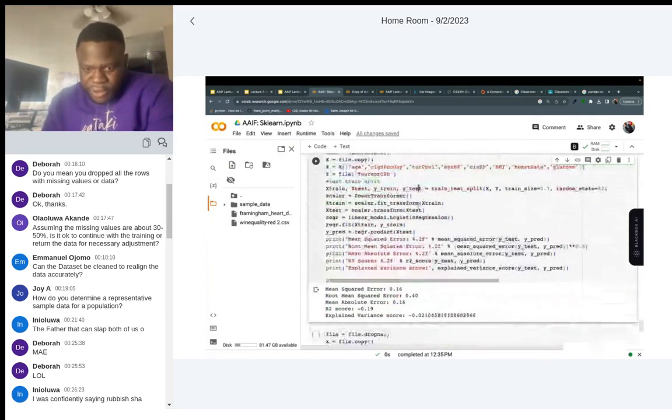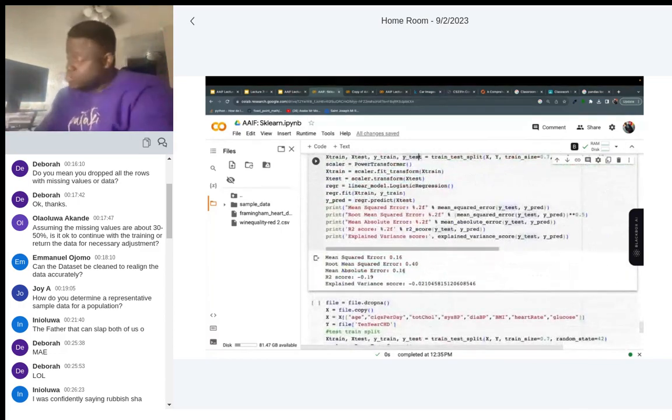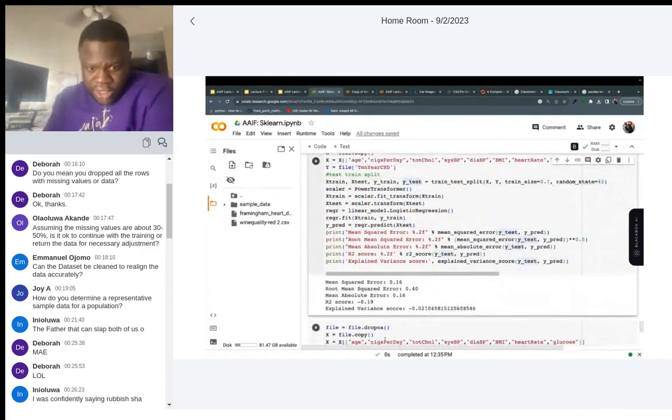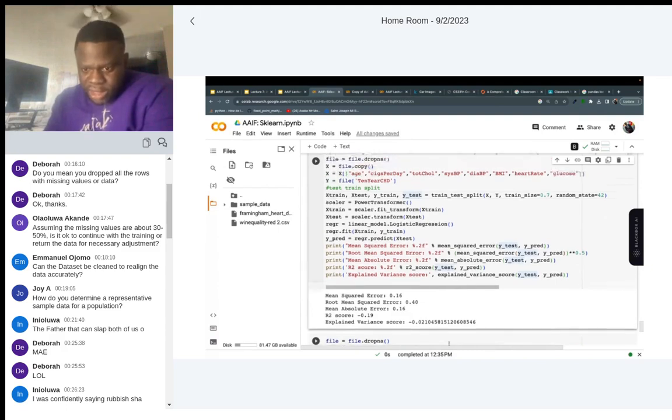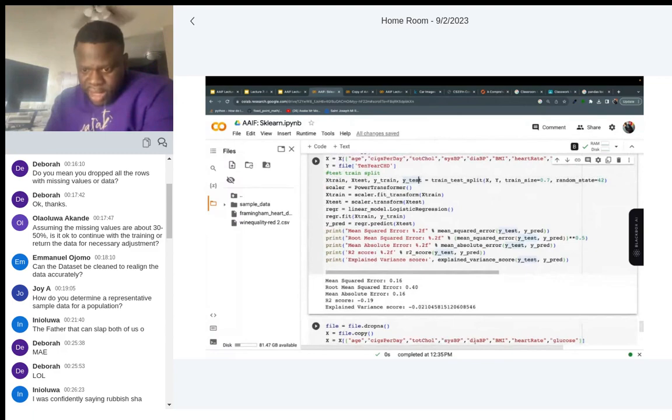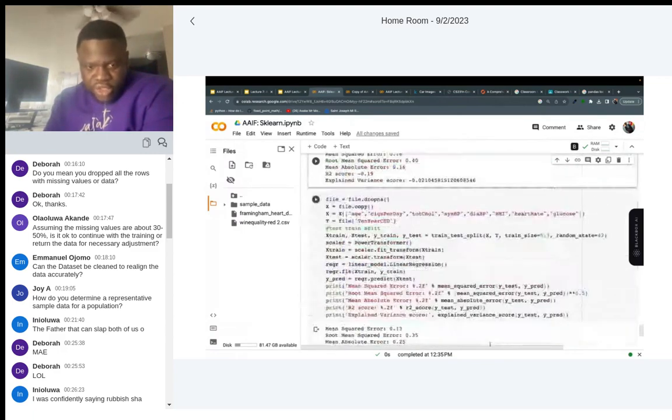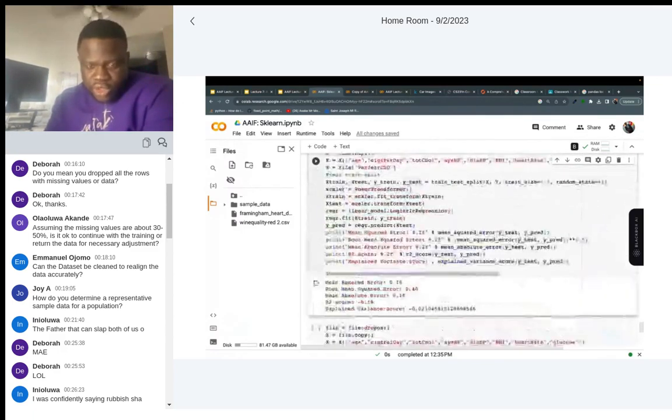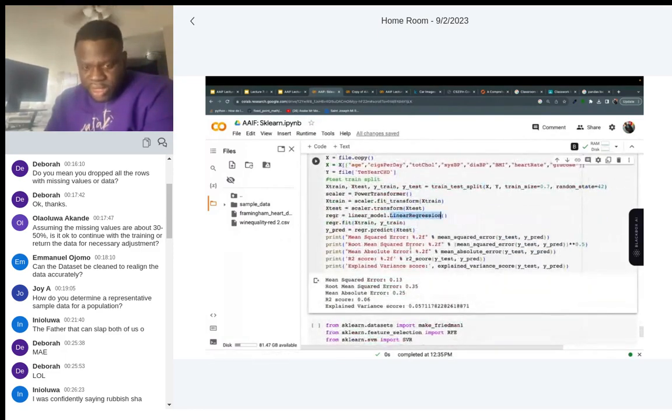Now, if you see, I tried another thing again. I was trying to push my luck. So this is age, cigarettes per day, total cholesterol. I think it's the same thing I used. I just used it again. So this one, I used logistic regression. It gave me this, and I used linear regression.